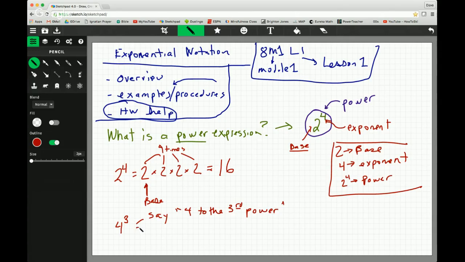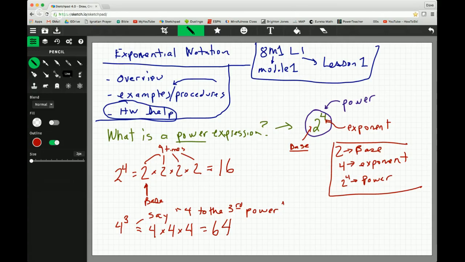And that equals 4, the base, repeated 3 times, multiplied by itself 3 times. If you multiply this out, 4 times 4 is 16, and 16 times 4 is 64.